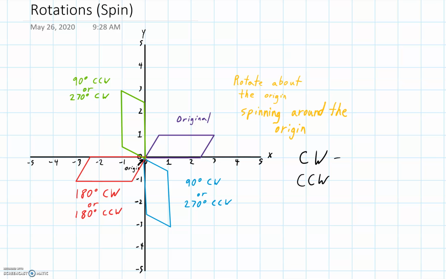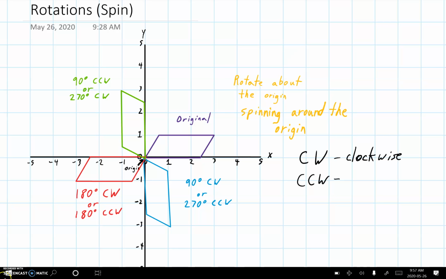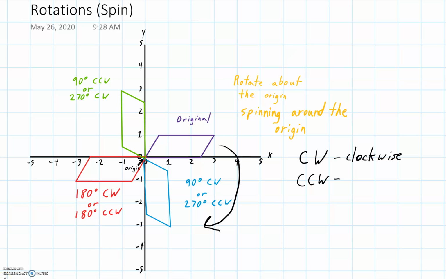So in blue, from our purple shape going to the blue shape, it rotated 90 degrees clockwise. So going this way, 90 degrees, a right-hand turn, or 270 degrees going all the way around this way.